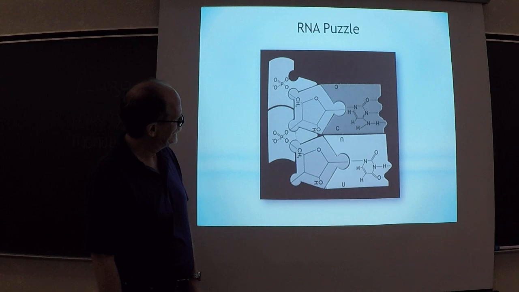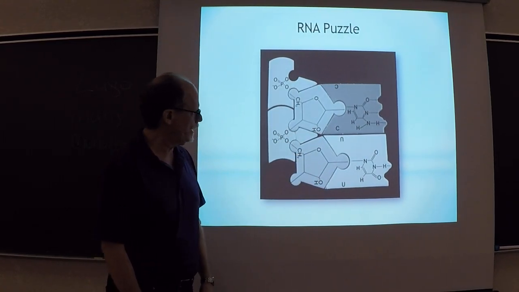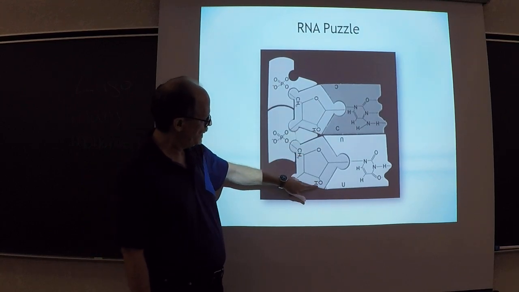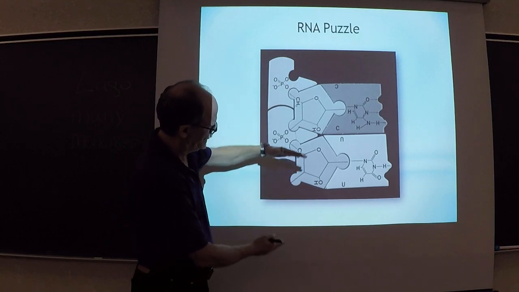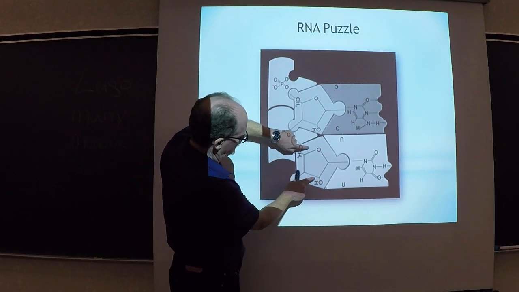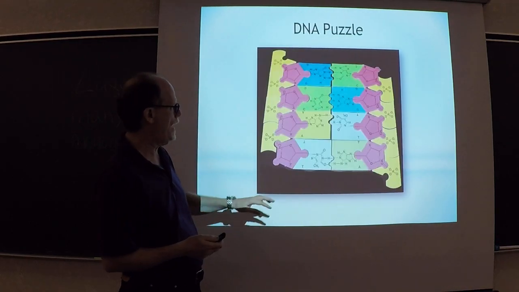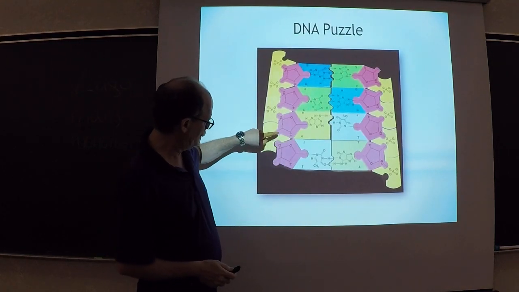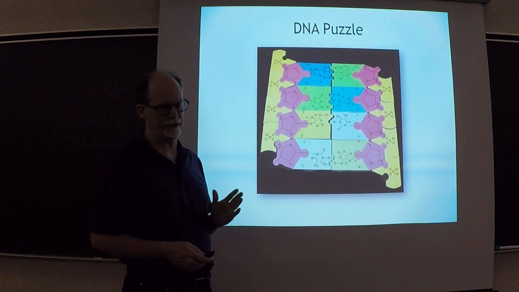So with this, the OH is what you get. You see this OH here? That's an O and this is an H. You don't have that OH, you just have a hydrogen here. And that's the difference between the two.